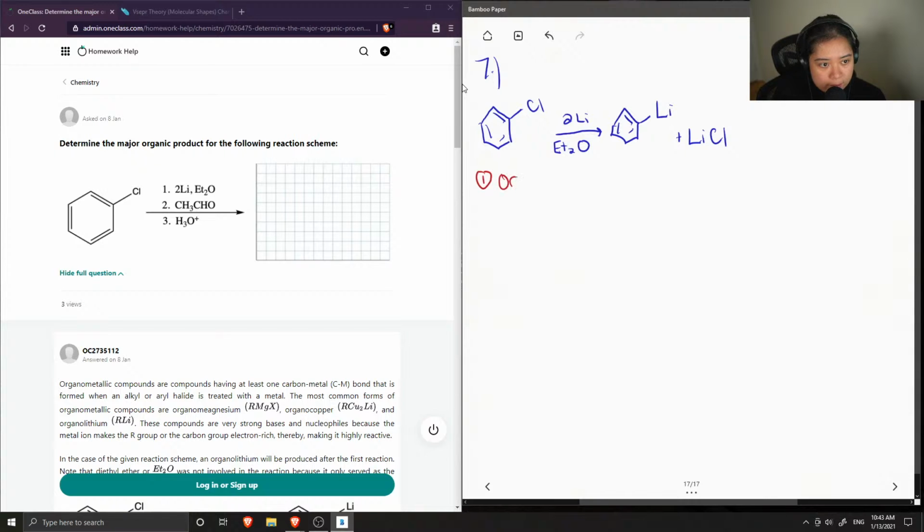So an organolithium compound is formed. Because the organolithium compound can then act as a strong nucleophile.